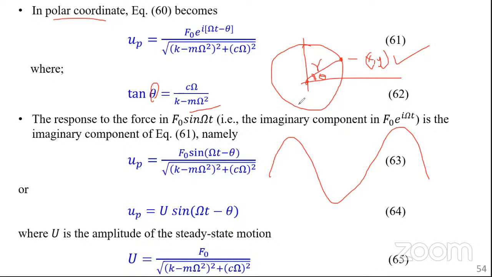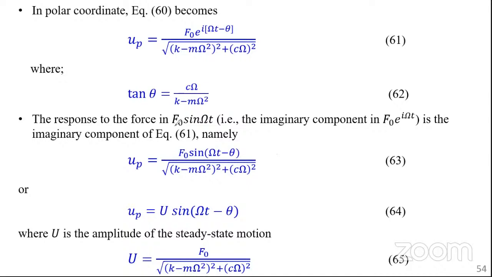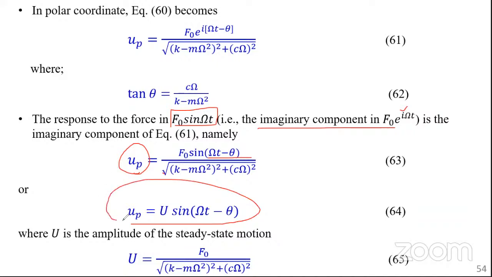So the response to the force, this is the forcing function, remember? The response, that is the imaginary component, the one that has i, is as shown in this u_p, F naught sine, all that is under the square root of that equation 63, or in compact form, expressed in equation 64. Where U, the capital U, we say is the amplitude of the steady state motion.